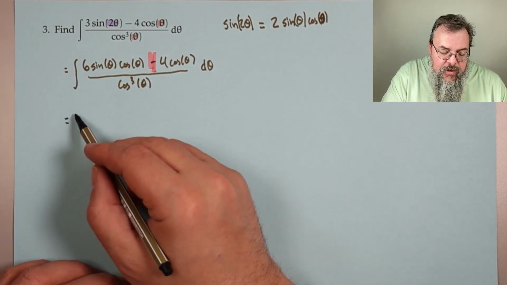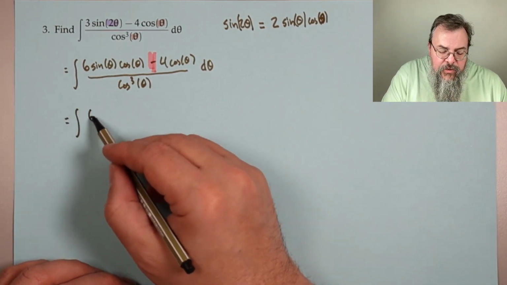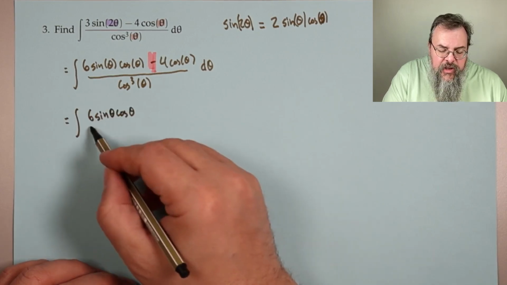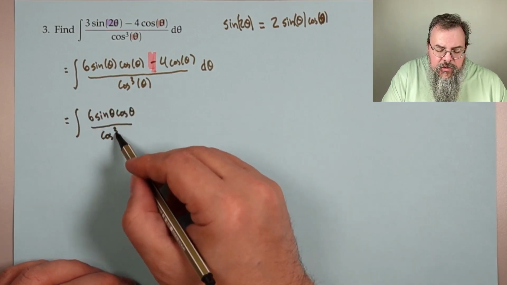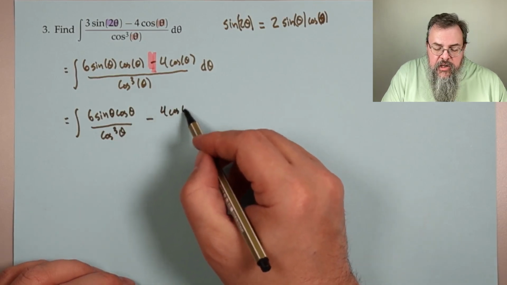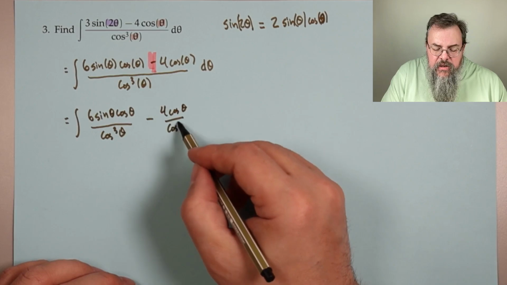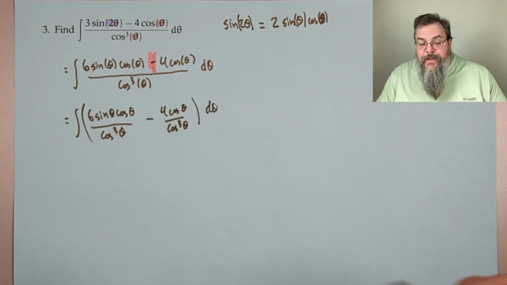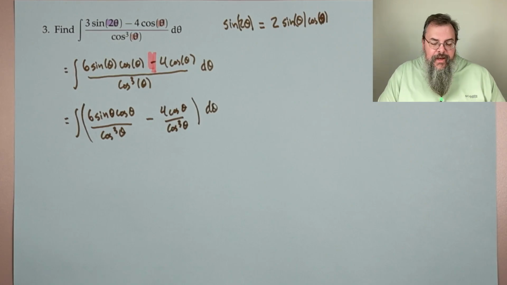So let's suppose we do that. Let's think of this as two pieces. So 6 sine theta cosine cubed theta minus 4 cosine theta over cosine cubed theta. All right, I've already mentioned there's a lot of cosines, and so we'll cancel one out.